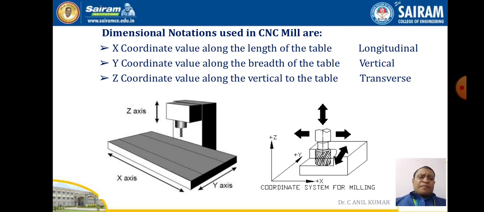In the same way, if the tool is moving away from the origin, we consider that as the positive y direction, and if it is moving towards the origin, we consider the y-axis as negative. With respect to the z-axis, if the movement is upward, we consider it positive, and if it is moving downwards, it is considered negative.